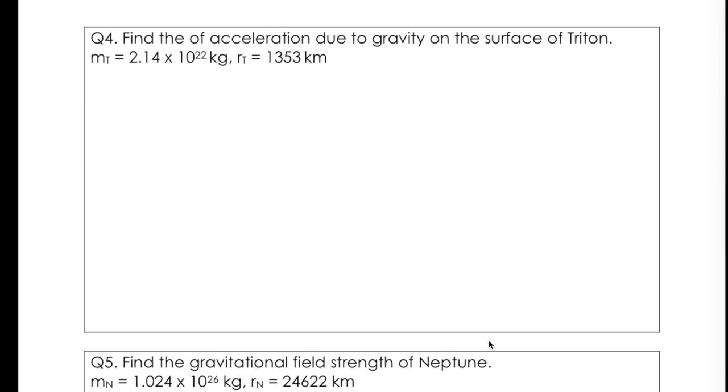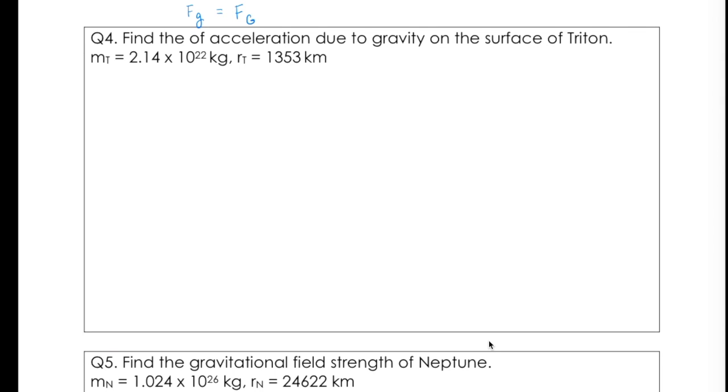Okay. For question 4, it's asking find the acceleration due to gravity on the surface of Triton. Okay, so in the previous question, you should see that the force of little g is equal to the force of big G, okay?